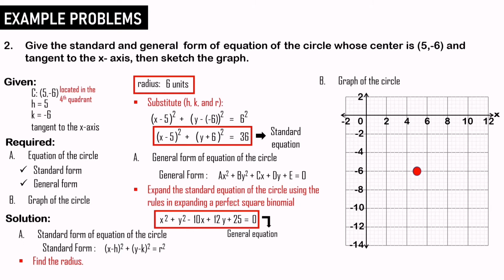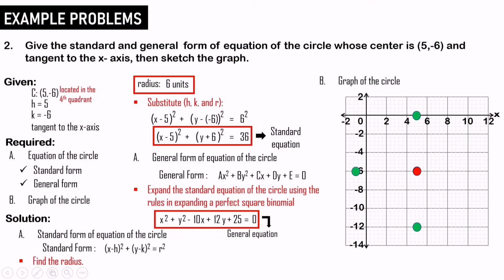So mag-count ta pataas 6 units. So 1, 2, 3, 4, 5, 6. And then 6 units sa ubos. 6 units sa left. 6 units sa right.